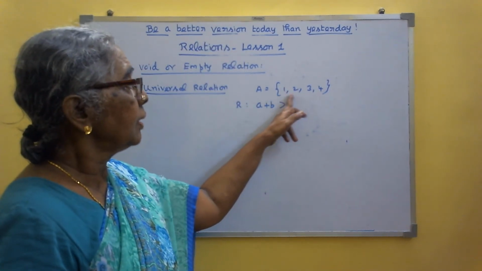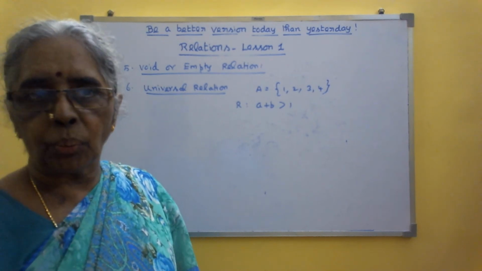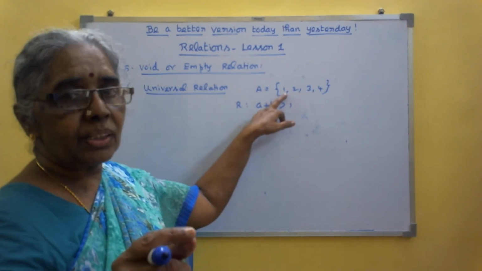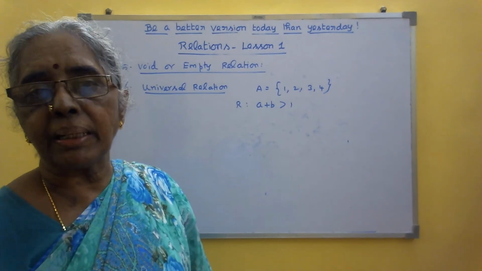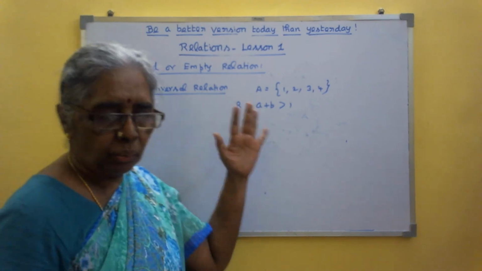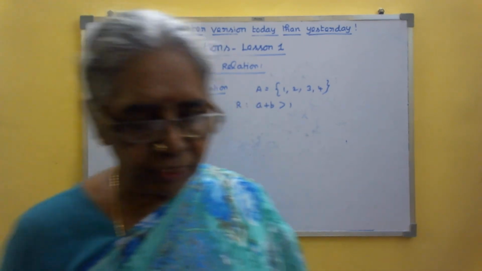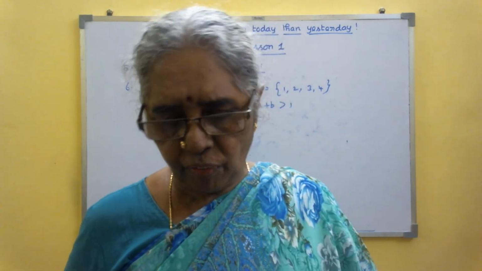Here, if you add any two numbers, definitely that is going to be greater than 1, because 1 is the least possible number there. So if you add any number to it, definitely it will be greater than 1. So this is called a universal relation. So now these two, the last two, they are called trivial relations, not much of importance.